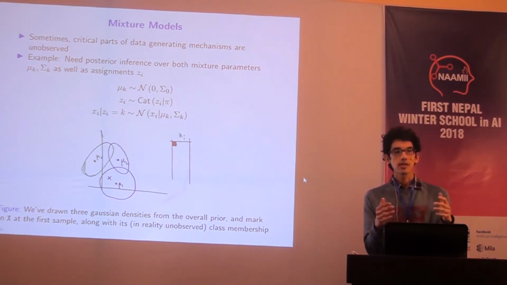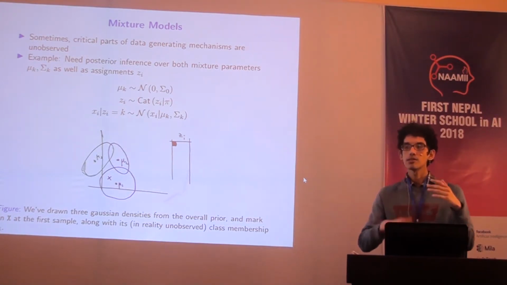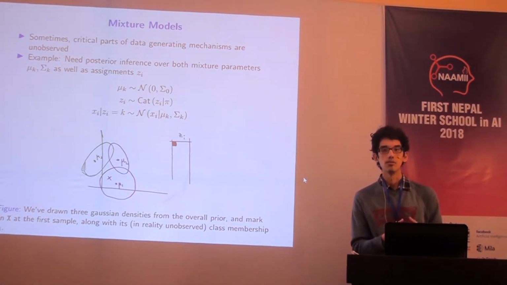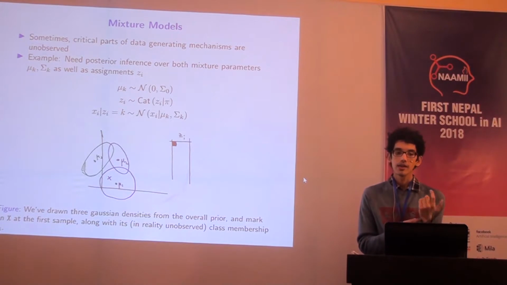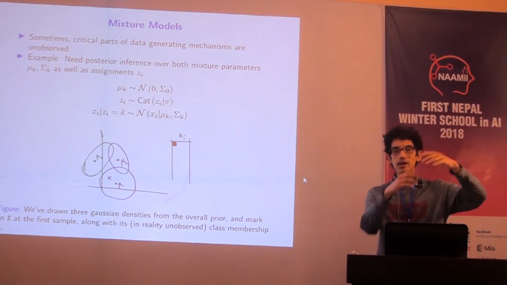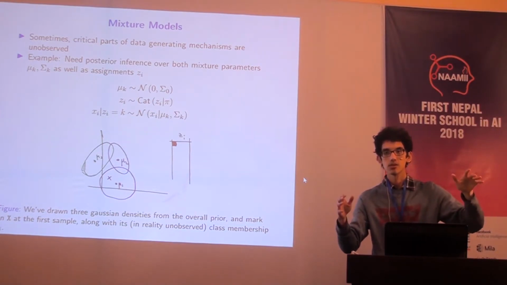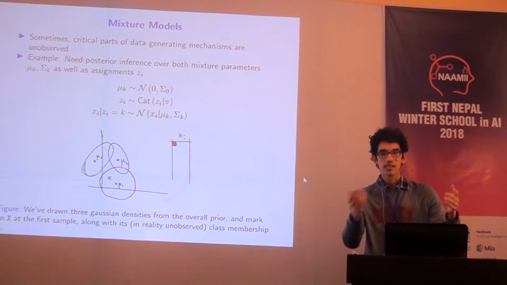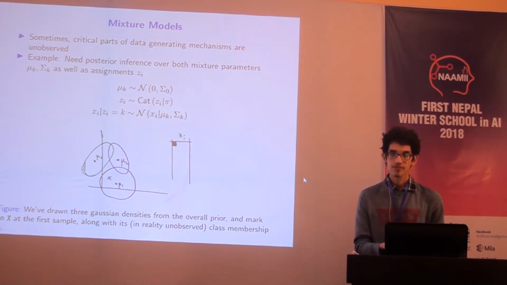You only observe data which are some sort of downstream transformation or a noisy version of that underlying concept. And then you need to backtrack to figure out what those underlying concepts were, what was that underlying source of variation that was really meaningful, and see how that connects to the data that you actually have, right?